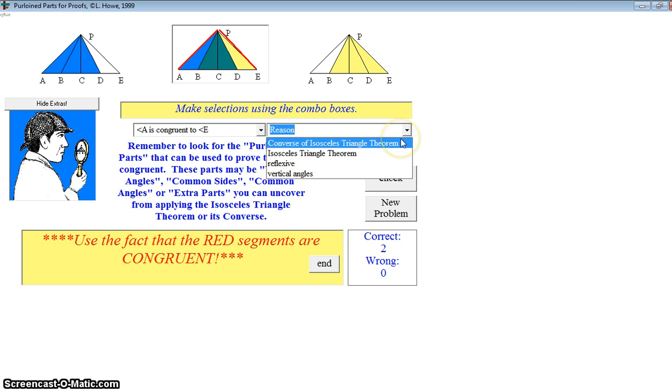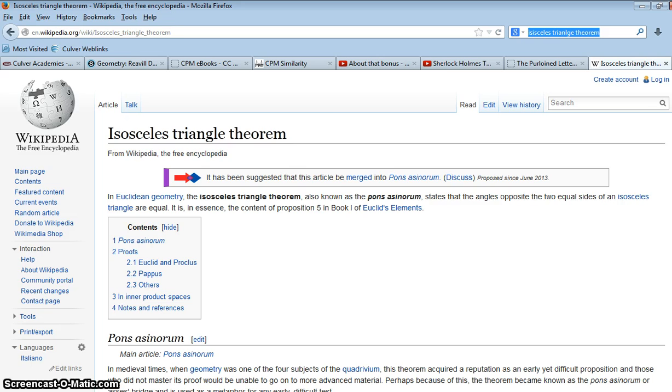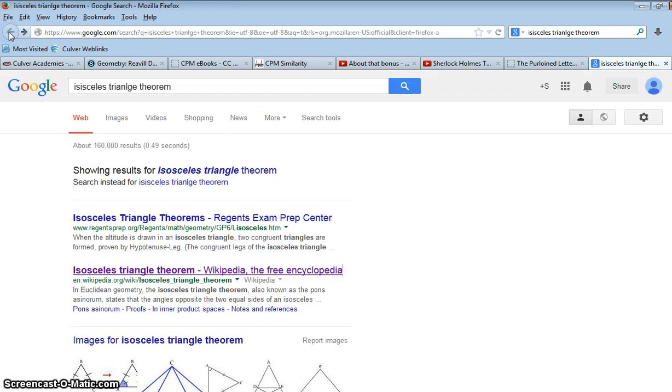By reason, we've either got the converse of the isosceles triangle theorem or we have the isosceles triangle theorem. You've got to make a decision based on which one this is. Is it the theorem or is it its converse? Well, that's a pretty easy Google search. If you search isosceles triangle theorem and spell it anything close to correctly, you'll find lots of information on the isosceles triangle theorem.